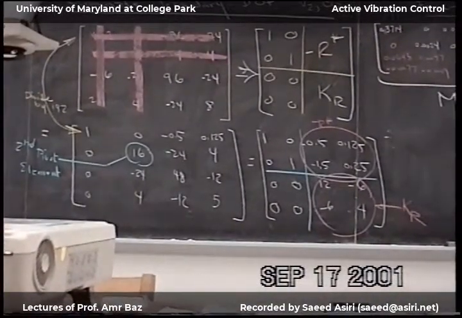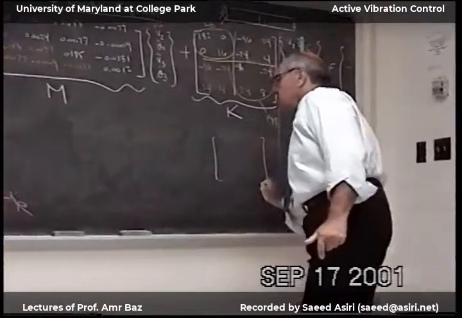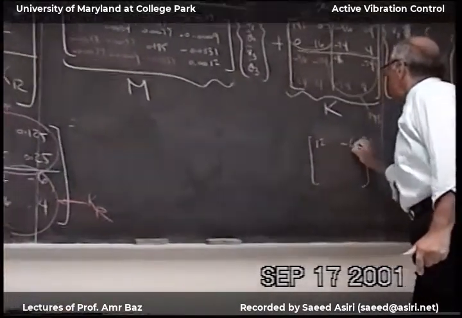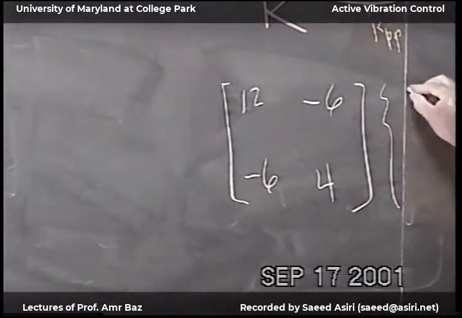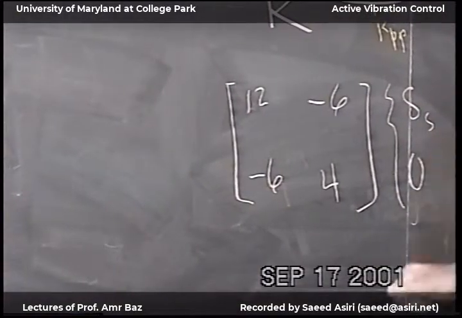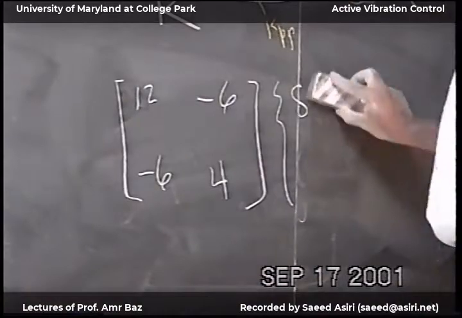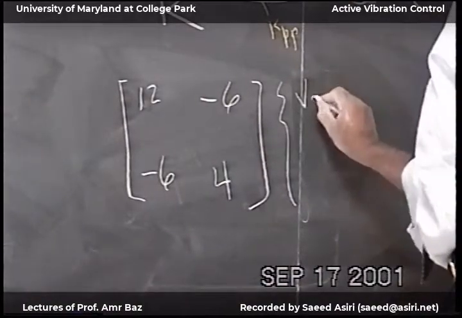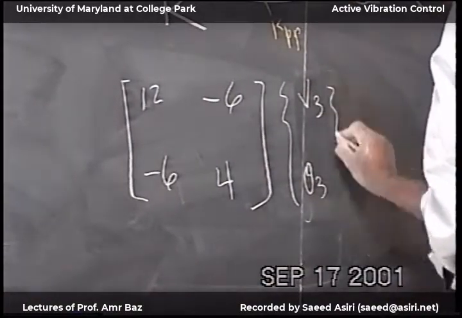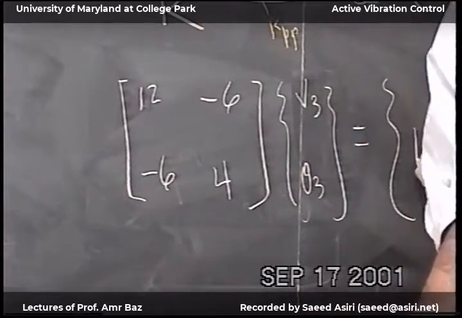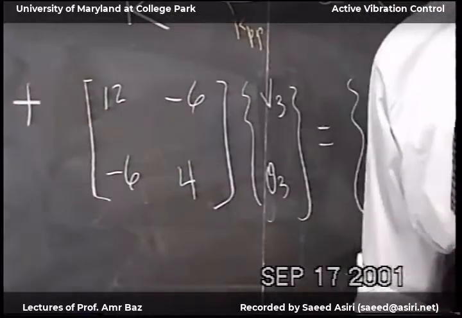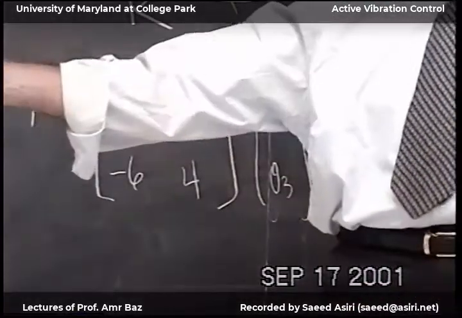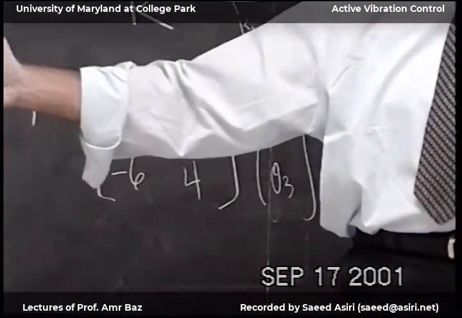So this is now my KR. I can do the same for the mass matrix.